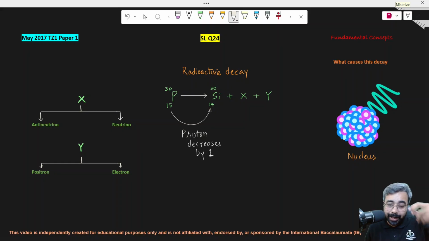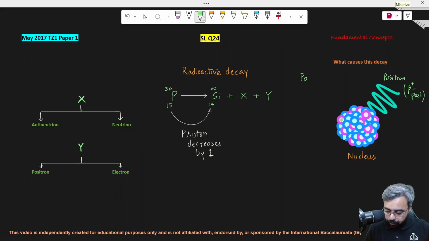It means that inside a nucleus of radioactive phosphorus, let's say this was a proton which actually turned into a positron and a neutron. And this is actually a positron, or we can also say a beta positive particle. Now this is not a proton, this is beta positive.